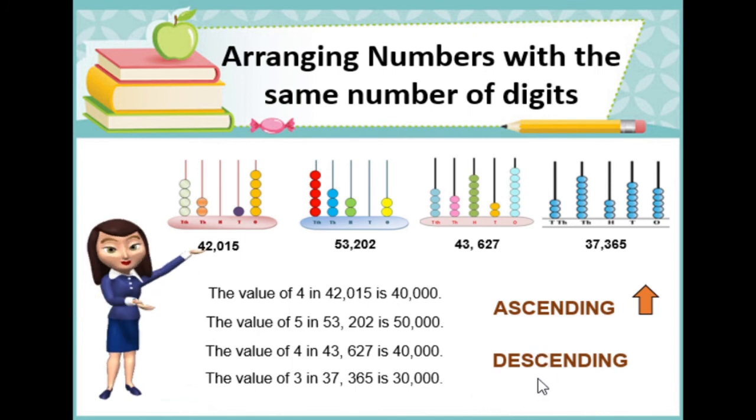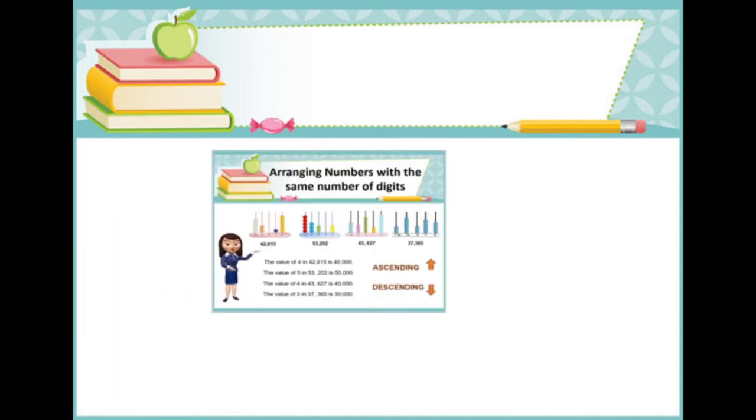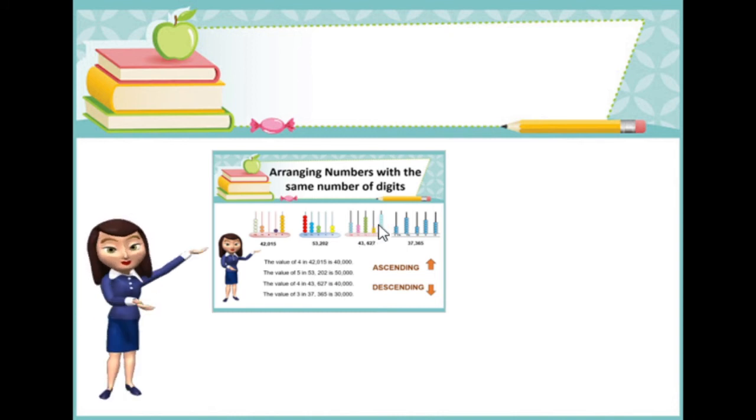When you say descending, the numbers are going down. When we arrange numbers with the same number of digits, we look at the value of each digit.